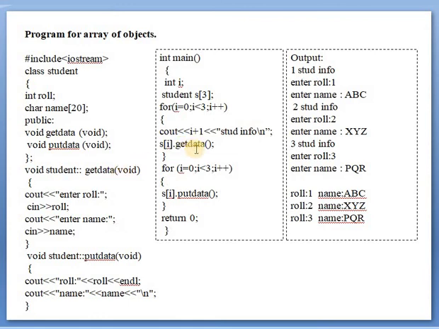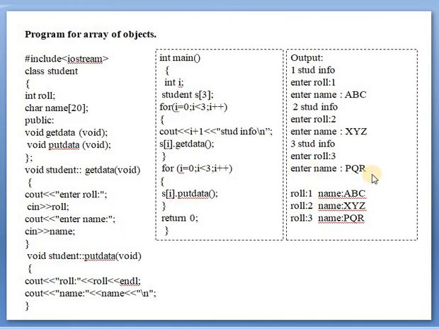In the get data, now control flow transfers to get data, enter roll number. So here enter roll 1, now enter name ABC. Likewise for the second student information, enter roll number 2, enter name XYZ. Third student information, roll number 3 entered by the student, and enter name PQR.